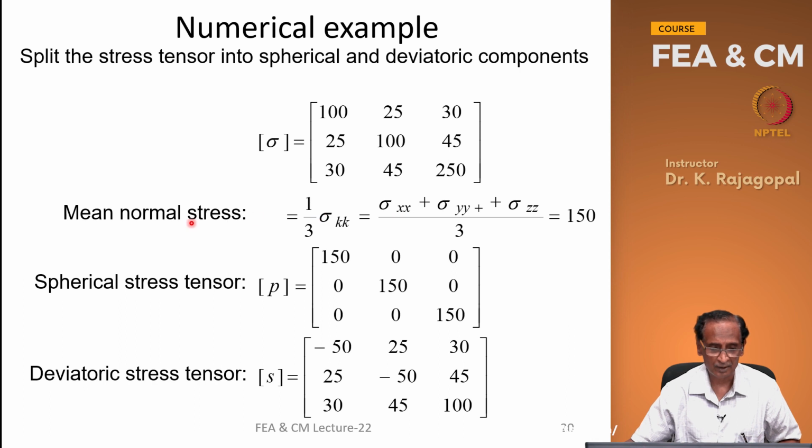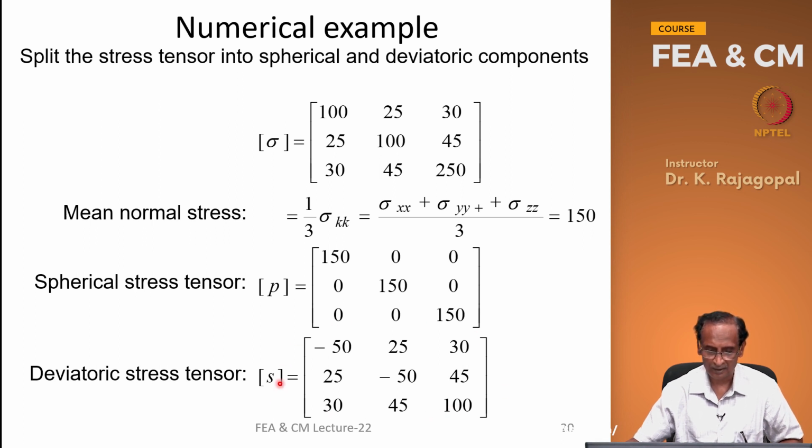Once you get your mean normal stress as 150, the spherical stress tensor P is 150, 150, 150, and the deviatoric stress tensor is sigma minus P, that is minus 50, 25, 30, 25, minus 50, 45, 30, 45 and 100.